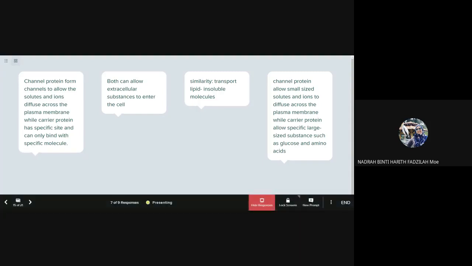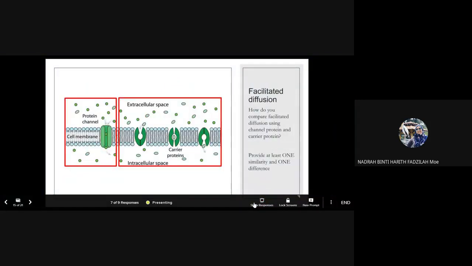Okay, so ini mengenai facilitated diffusion. Memang channel protein is very simple as long as the substance can fit into the channel, it can diffuse from one side to another through channel protein.